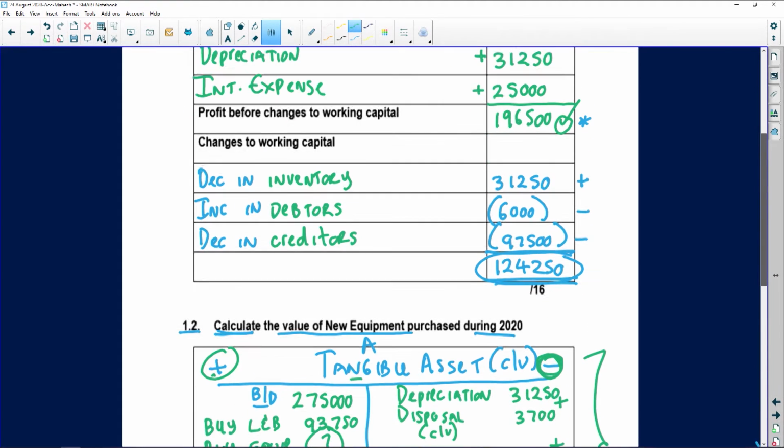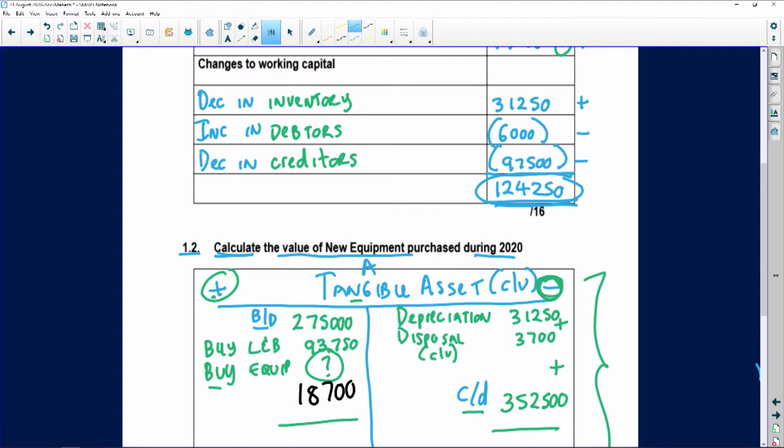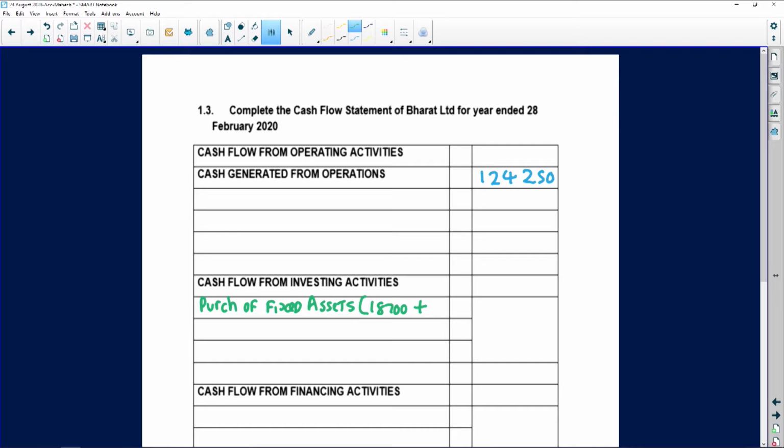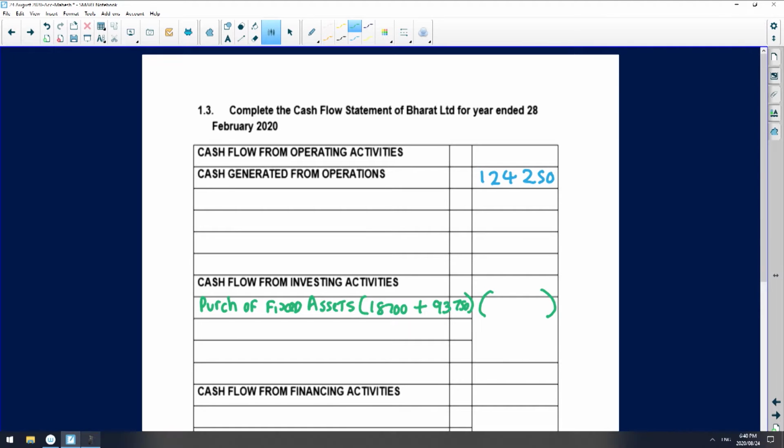So let's include the land and buildings as well. So 18,700 was the purchase of equipment, land and buildings 93,750. So let's fill that in, plus 93,750, and that will give us an outflow of cash because of this purchase.